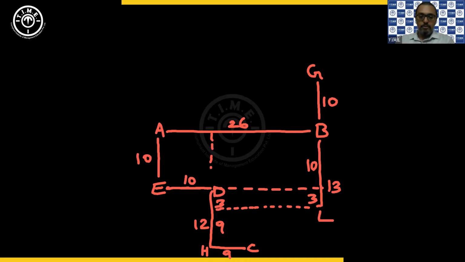Now check here. This is 10. Then this is 9. So total 19 is there. So the balance that I have here is going to be 19. If I subtract, you get 7. Correct? So that balance distance should be identified as 7.